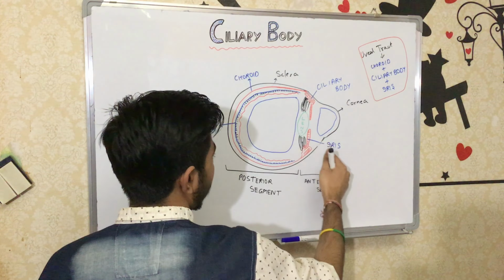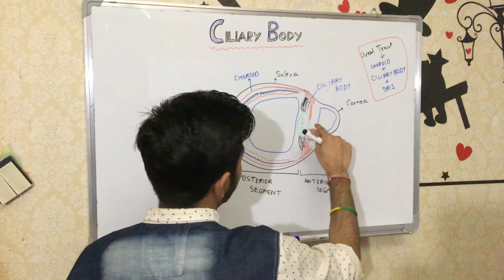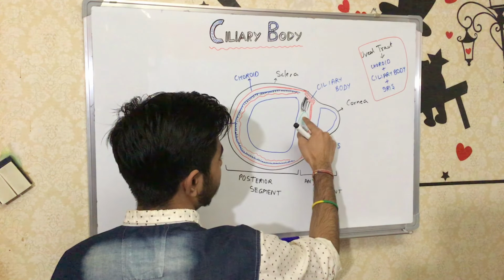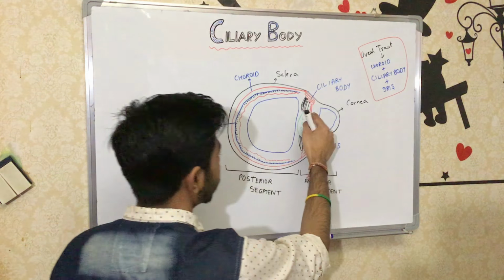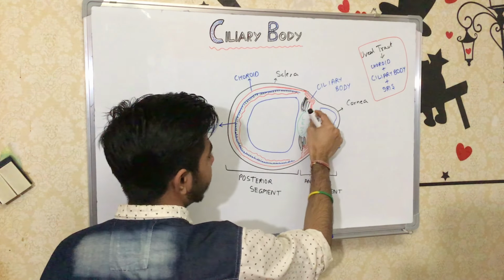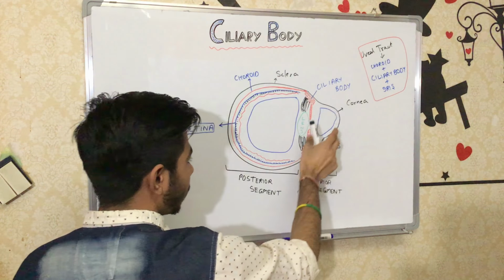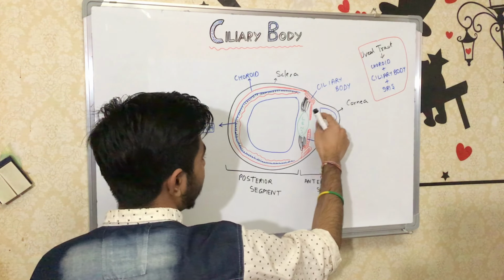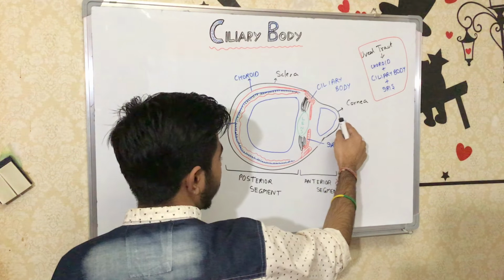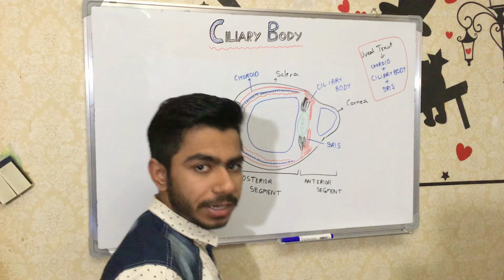Now one more thing you must know: you can see a flap-like structure here, which we call the iris. In front of the lens and behind the iris, between the lens and the iris, which is part of the anterior segment, we call it the posterior chamber, and between the iris and the cornea we call this portion the anterior chamber.